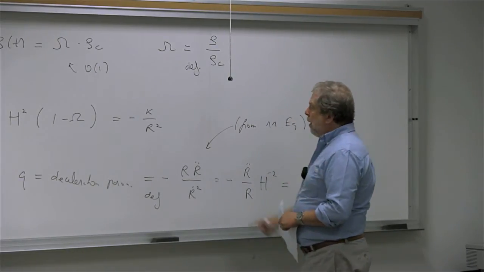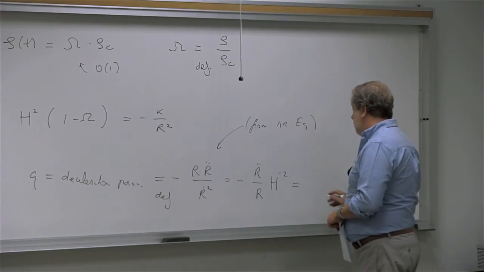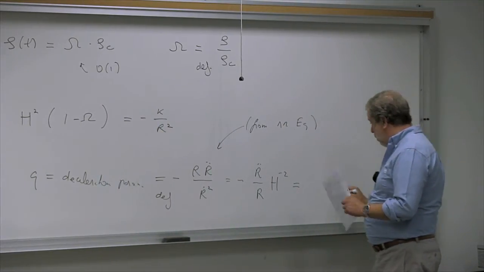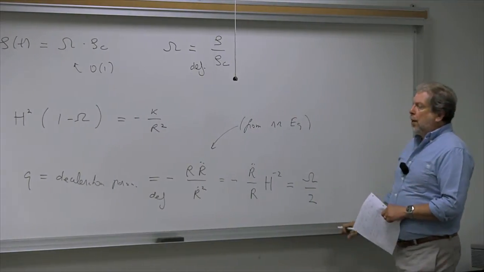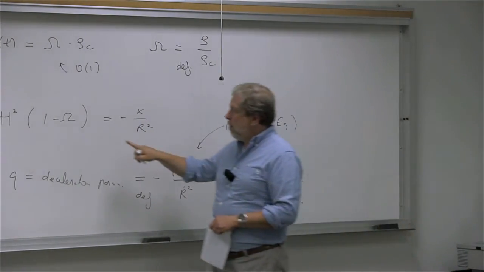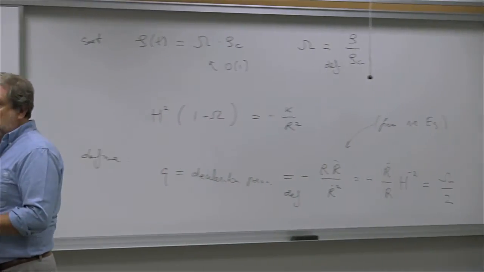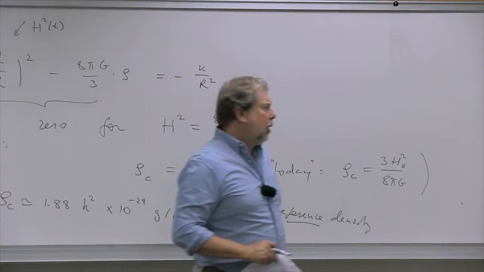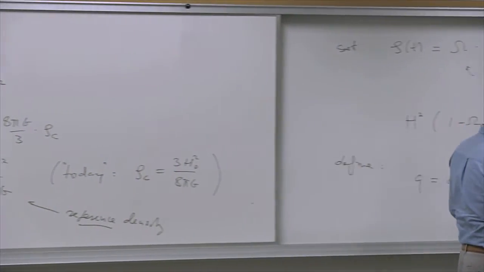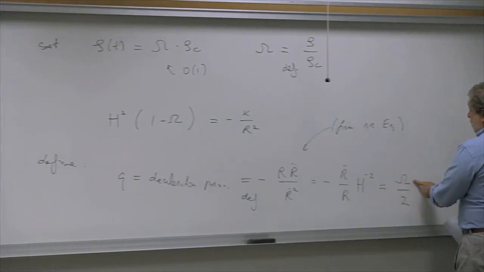And because of this relationship and the field equations, this is just equal to omega, capital omega over 2. So that means that in fact, we can measure this omega, we can measure this fraction by measuring the deceleration. So this deceleration parameter gives a direct measurement of this omega.